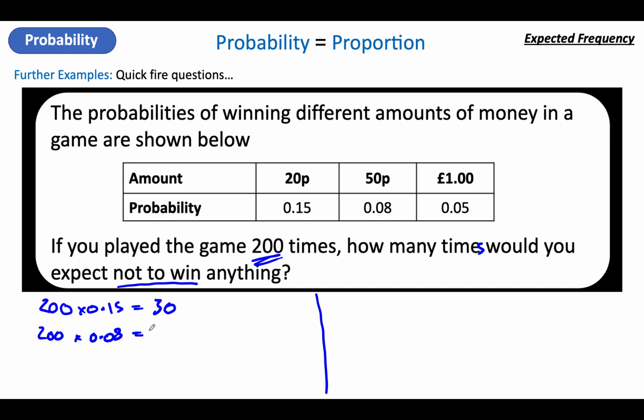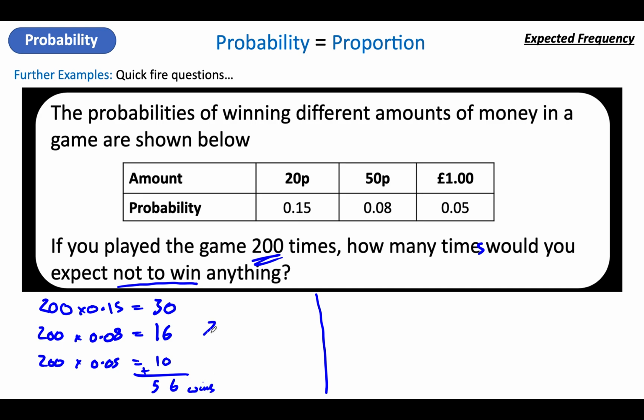There is a much quicker way of doing this, by the way, which I'll show you in a second. Which is 16. And then, of course, you want to know the wins for the pound, which is 0.05, which is 10. Add them all up, which is 30, 16, and 10, 56 wins.